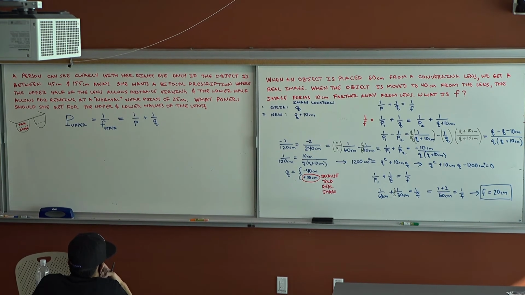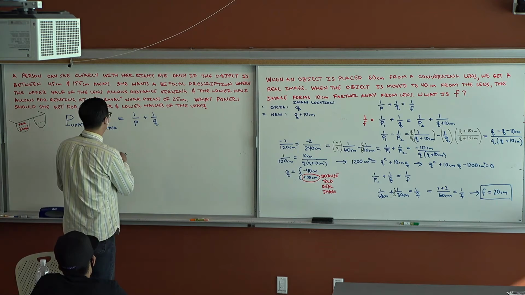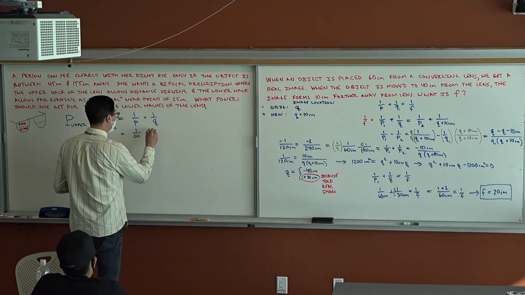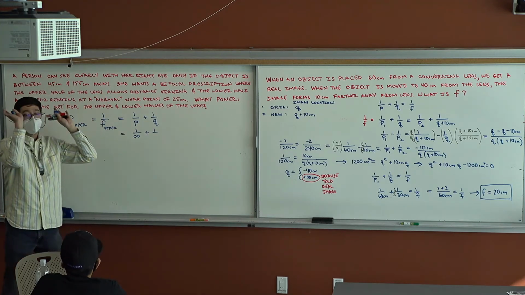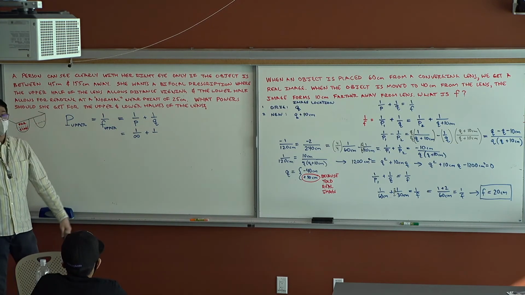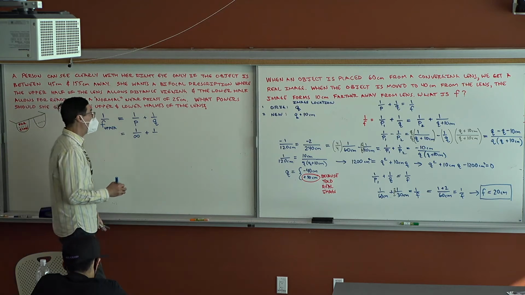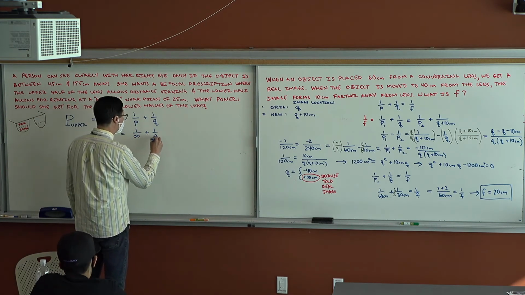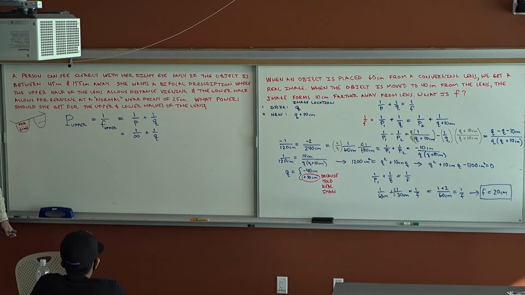That's what we were talking about yesterday. We want to let her see an object as far away as possible, so let's let P tend towards infinity. And then that is just 1 over Q. But what's the furthest away Q could be and still have her see this thing?